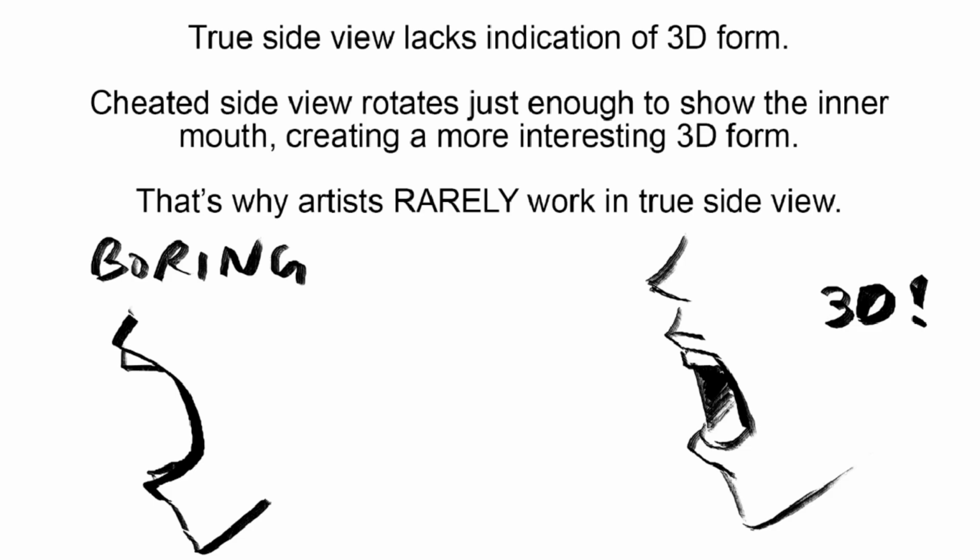This is why artists rarely work in true side view. It just looks better when you rotate just enough to show the far ends of the features. This will allow the drawing to hint towards a more three-dimensional shape rather than the pure side view, which will most likely make a very flat silhouette that doesn't generally work, especially for a lot of styles.